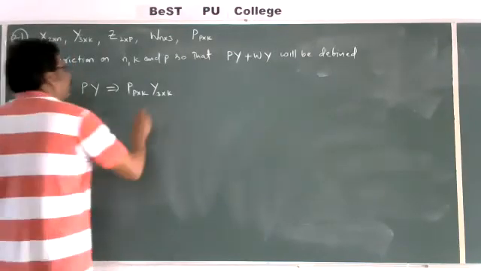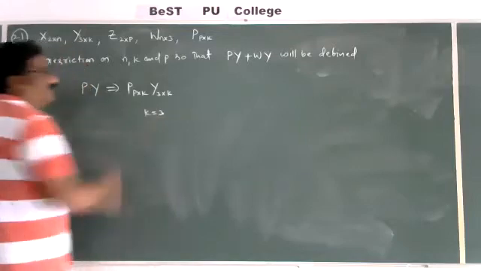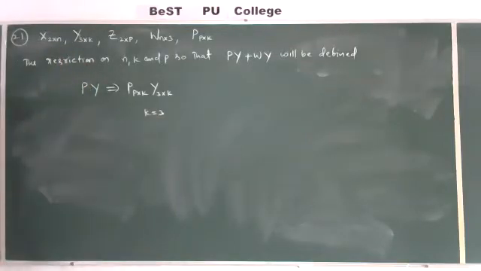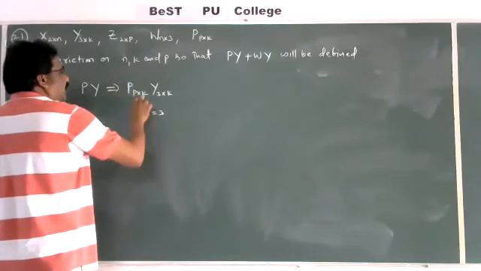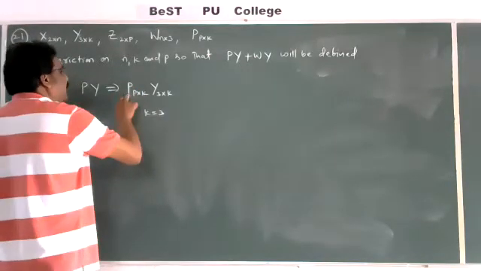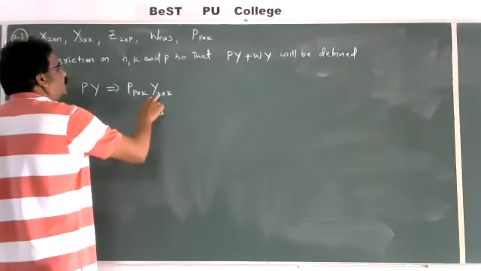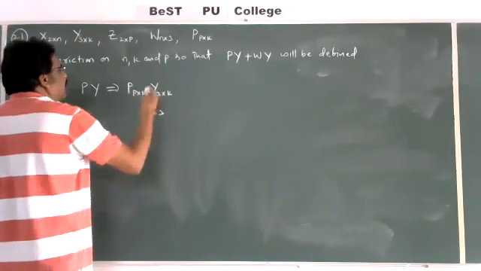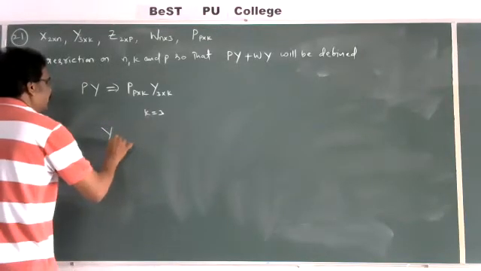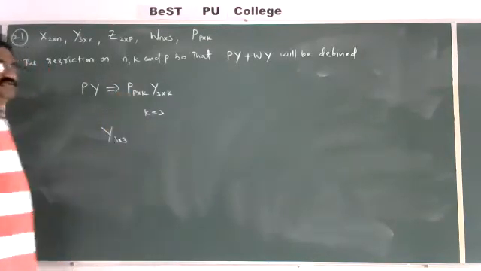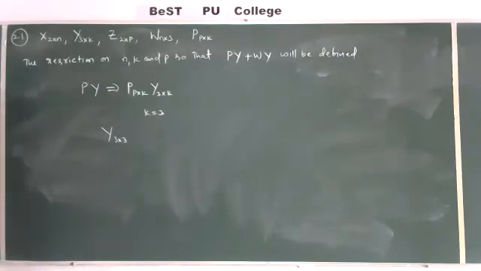That's why k is equal to 3. So PY is defined if the number of columns of P is equal to the number of rows of Y. Then Y is a 3 by 3 matrix.